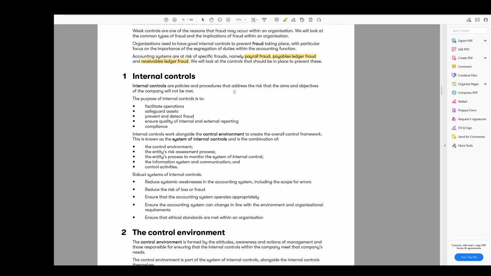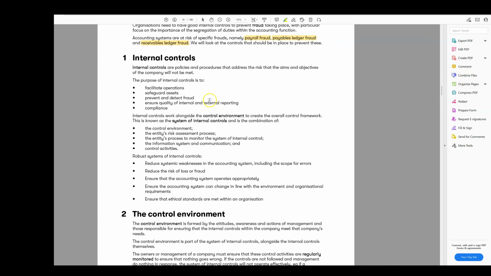The purpose of internal control is to facilitate the operation, safeguard the assets, prevent and detect fraud, ensure quality of internal and external reporting, and ensure compliance. This is basically the main purpose of internal control. Internal control works alongside the control environment to create the overall control framework.